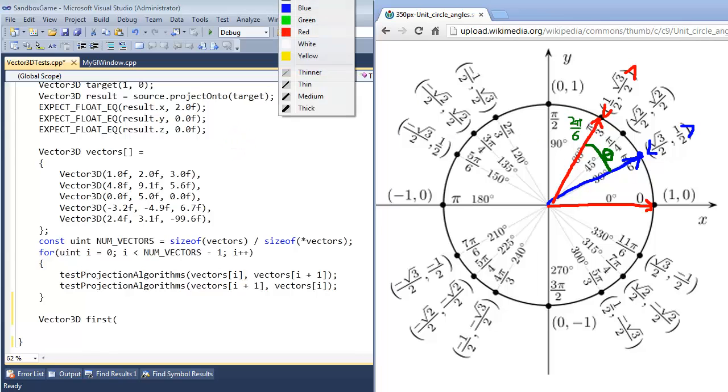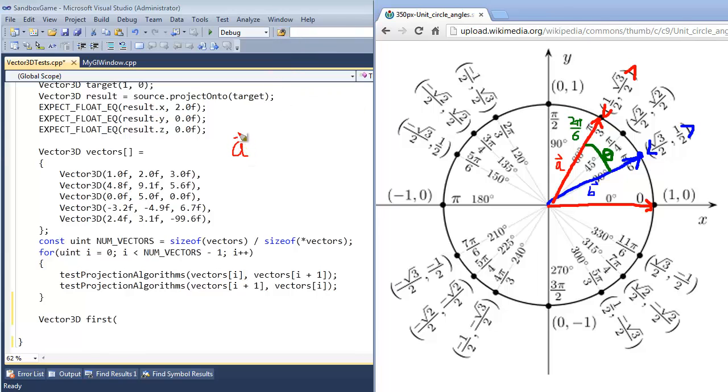All right, let me actually write that out a little more explicitly right here. Remember, let's say our red vector is A. This is vector A, and the blue vector is vector B, like so. I know I've shown this in previous videos, I hope this helps. The vector A dot with the vector B gives us the magnitude of A, but the magnitude of A is 1, so I don't necessarily need to write that, times the magnitude of B, but that's 1 as well, so there's no point in writing 1 times 1, times the cosine of the angle between them.